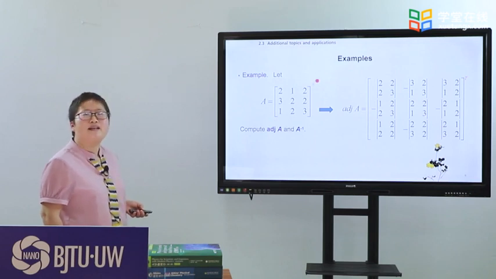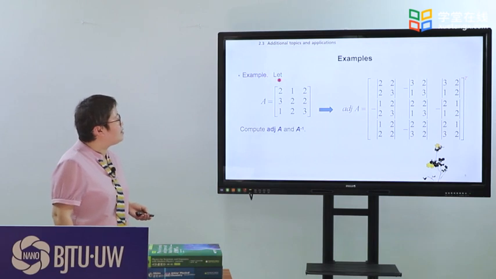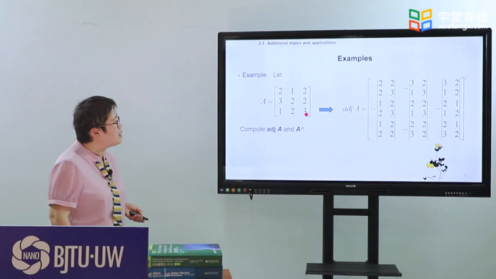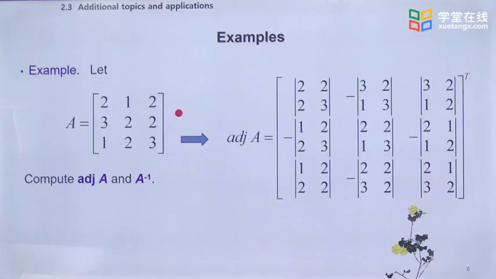The sign is (-1) to the power 1 plus 1, so it's 1, times the determinant of the corresponding 2 by 2 submatrix. The first row is 2, 2, the second row is 2, 3, and this is the 1,1 entry. And here, for the 1,2 entry, we use the cofactor corresponding to this entry of A.